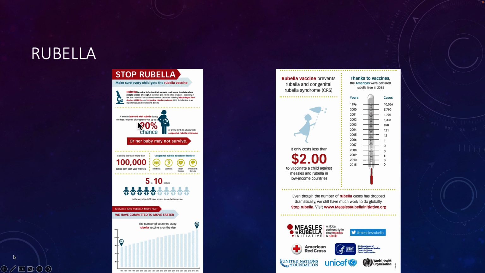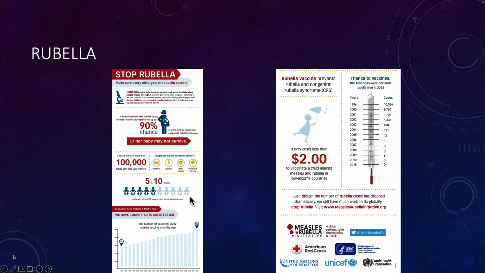A woman infected with rubella during the first 3 months of pregnancy has a 90% chance of giving birth to a baby with congenital rubella syndrome, or her baby may not survive. So those are not great odds if you are unvaccinated, don't have antibodies, and get the infection during pregnancy. Globally, there are more than 100,000 infants born each year with some form of congenital rubella syndrome, which can include blindness, deafness, heart disease and other birth defects.